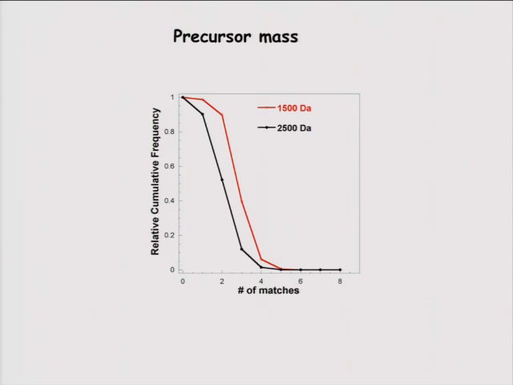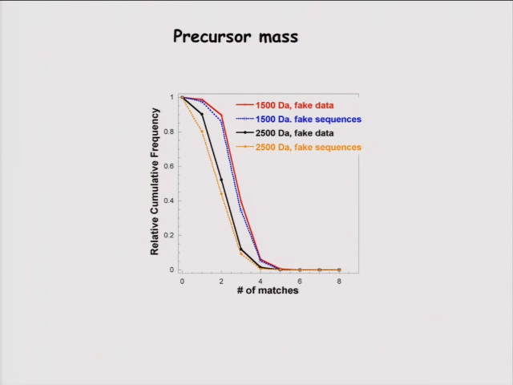And we also see that these distributions separate distinctly. It doesn't matter whether we use real data and fake sequences or fake data and real sequences. So this separation between 1,500 and 2,500 is the same.